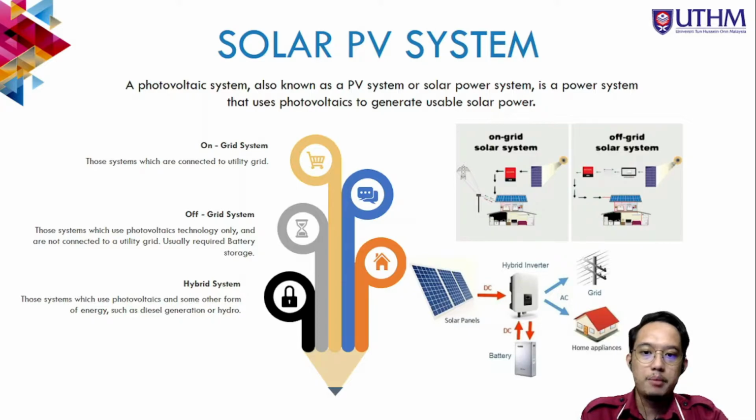Lastly is the hybrid system. A hybrid system uses photovoltaic and one or more other forms of energy, such as a diesel generator, hydro or wind. So this is an example picture of an on-grid system, off-grid system, and hybrid system.